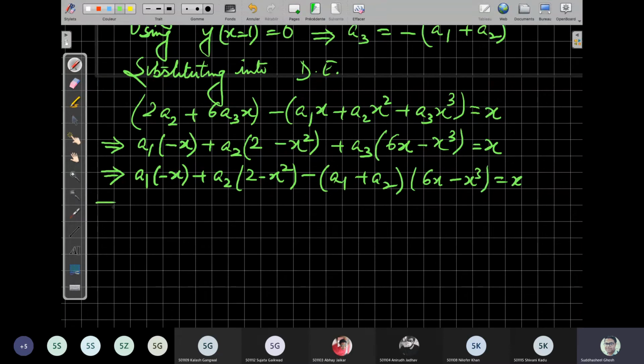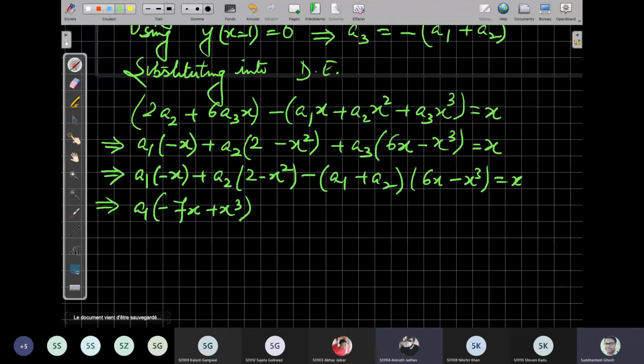So what is going to happen here? Tell me. a1 into minus 7x, right? Plus x cube. Did I write correctly?